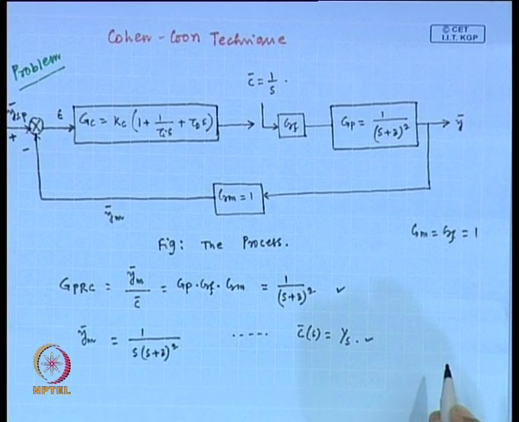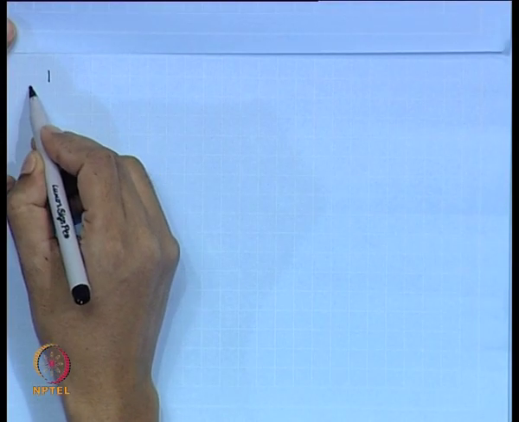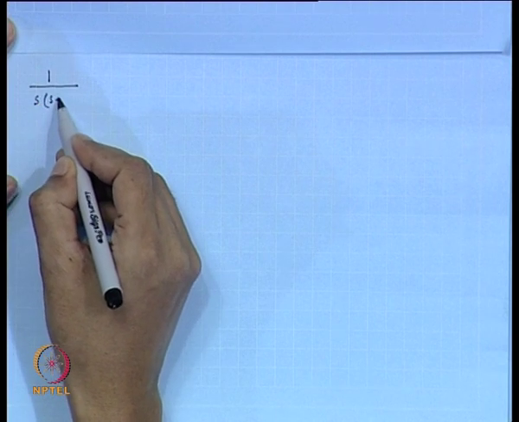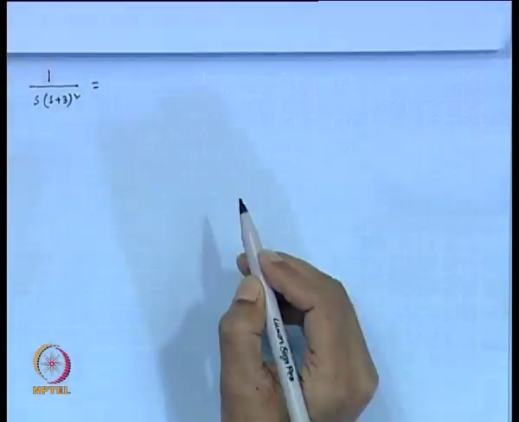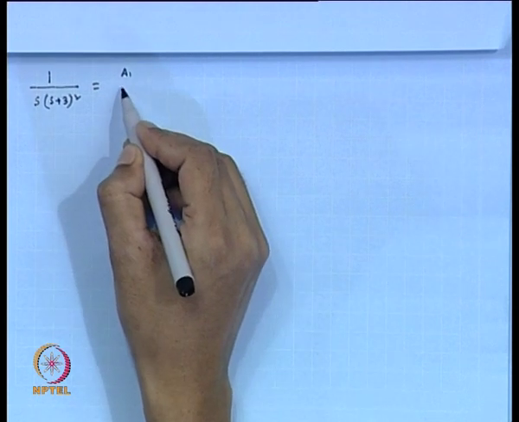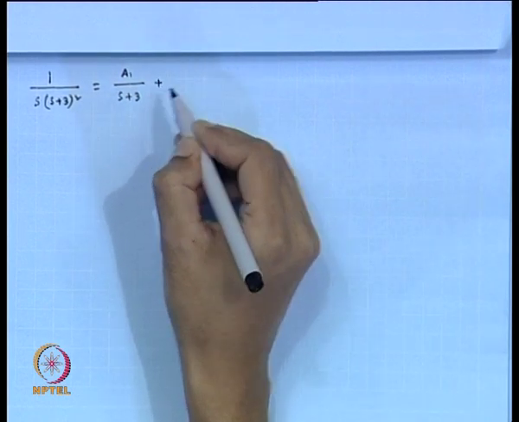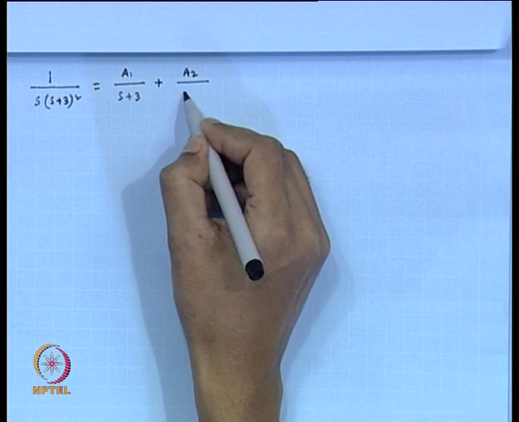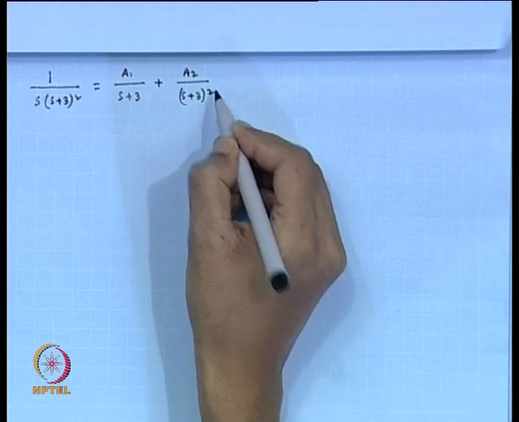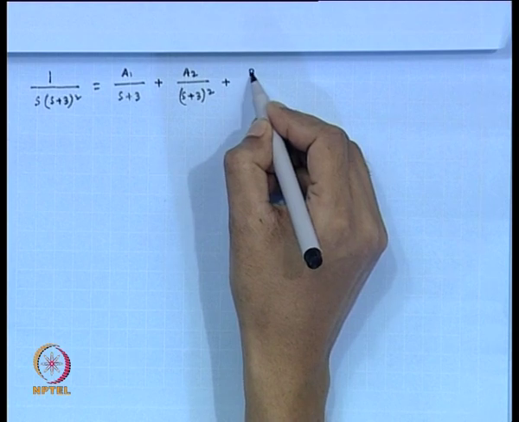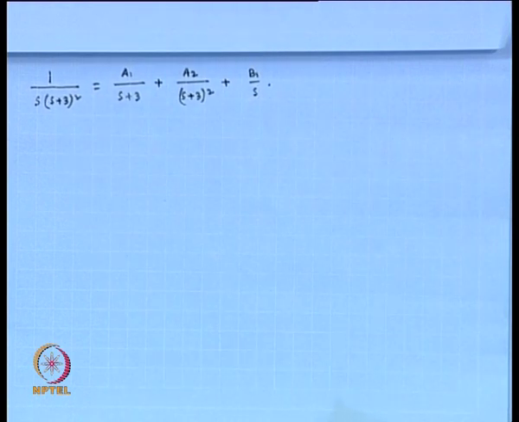Now, we basically need ym in time domain. So, for that we need to expand into partial fractions. I mean, we can write this as a1 divided by s plus 3, plus a2 divided by (s plus 3) whole square, plus b1 divided by s.